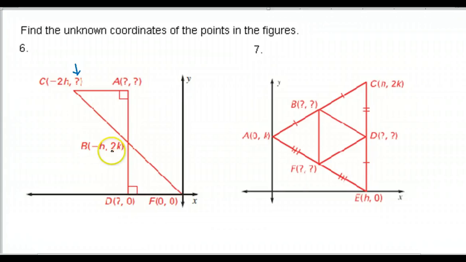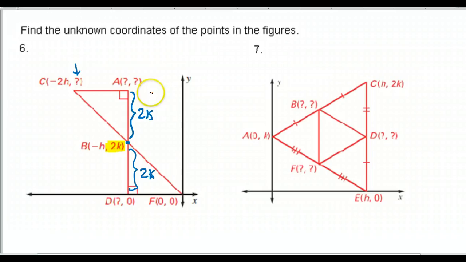So look at this y value right here, 2k. That tells us how high up this point is. So this distance from here to here must be 2k. But because these two triangles are congruent, this is also going to be 2k.